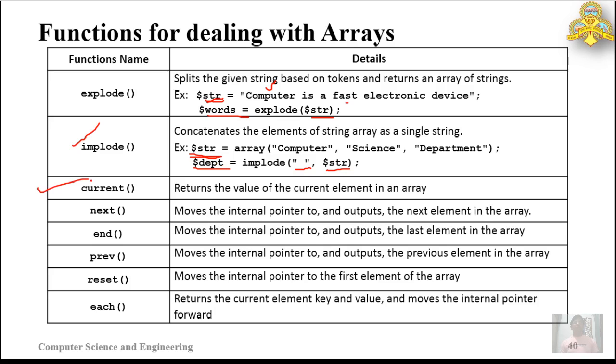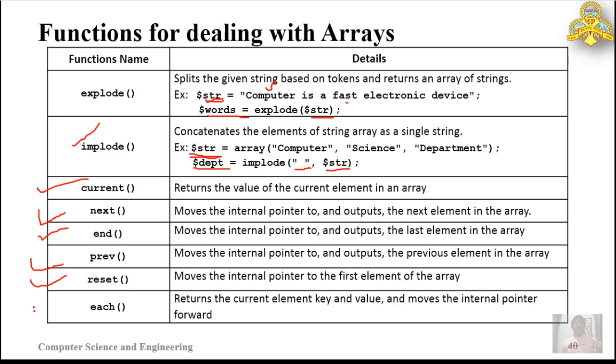Current returns the current element in the array. Next moves the pointer, that is the array's internal pointer, to the next element and returns the output. Then end moves to the end point, and previous moves the internal pointer to the previous element and outputs it. Reset shifts the current internal pointer to the beginning of the array.